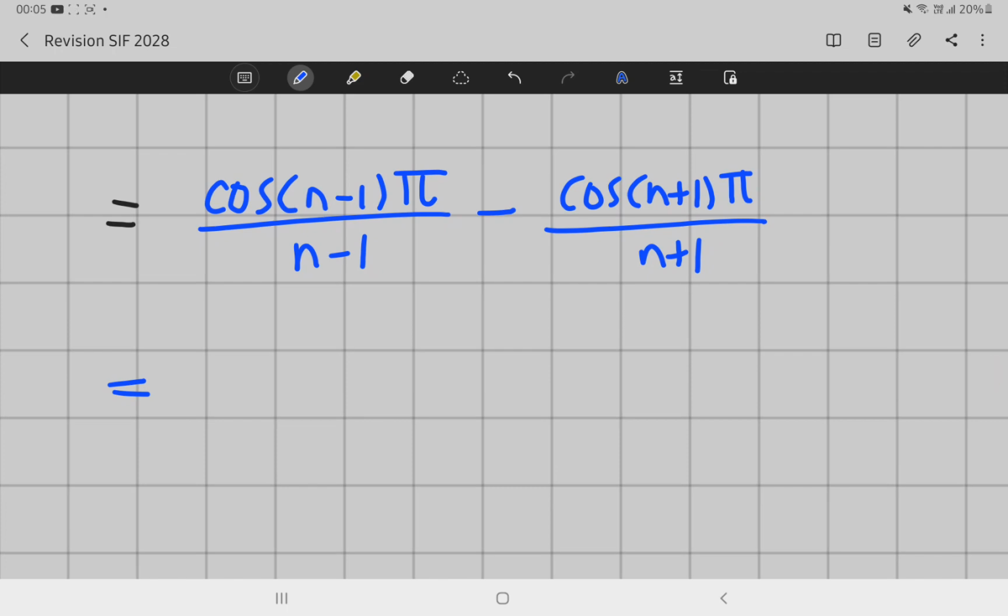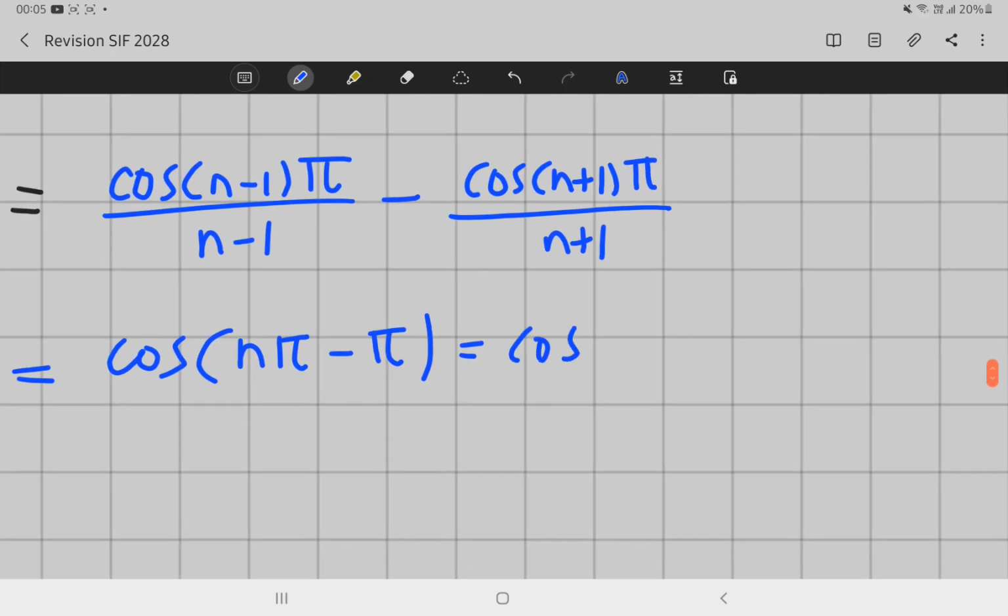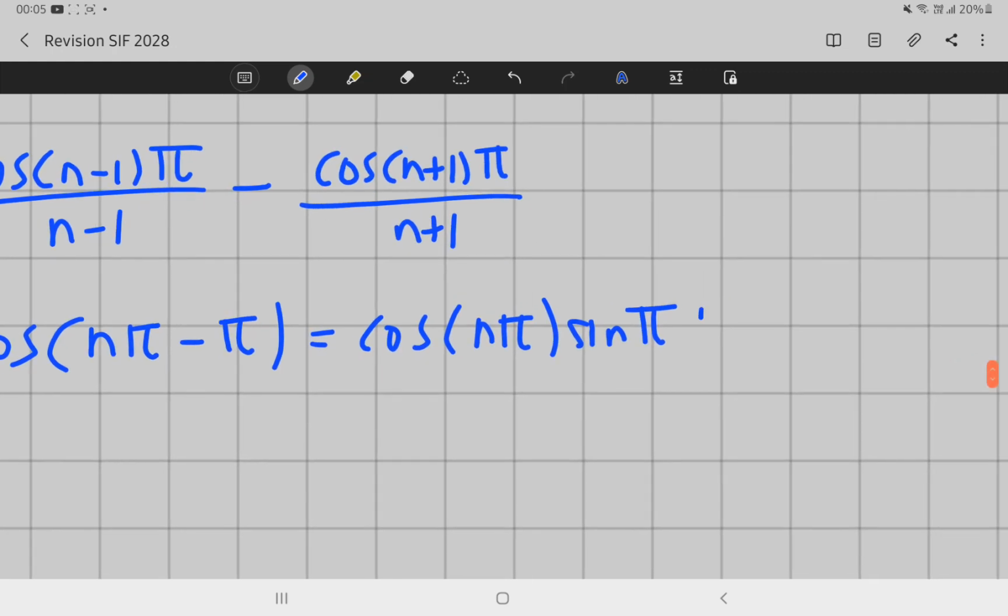Okay. So cos, okay, let me do a sketch. N pi minus pi is cosine n pi cos pi plus sine n pi sin pi, where sin pi is 0, so that's 0.